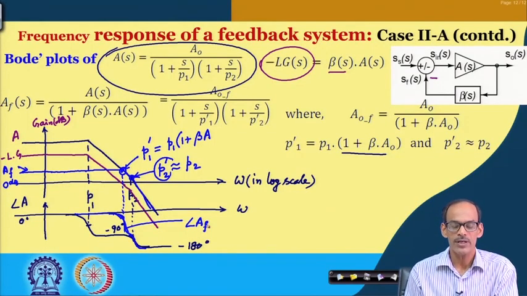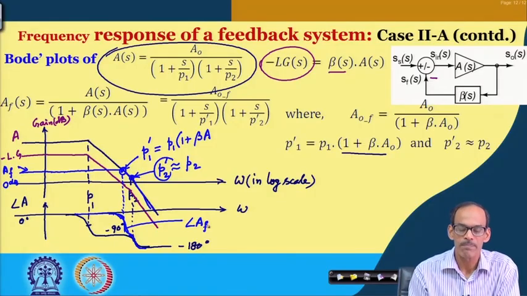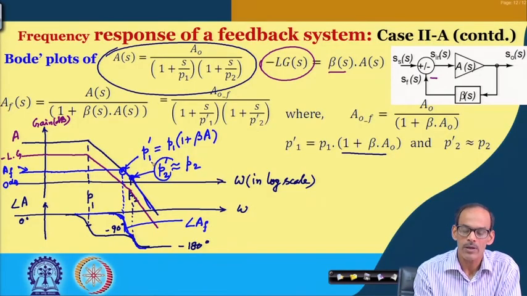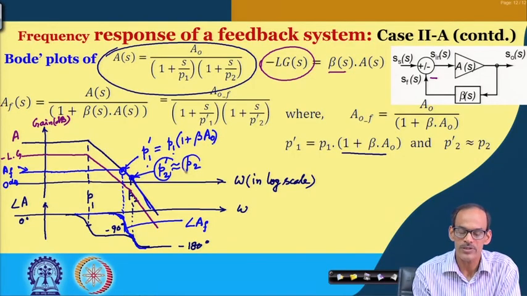Now, the natural question is: suppose this P1 dash, which is P1 multiplied by 1 plus beta into A, is comparable with the original P2, then what kind of things do we expect here?